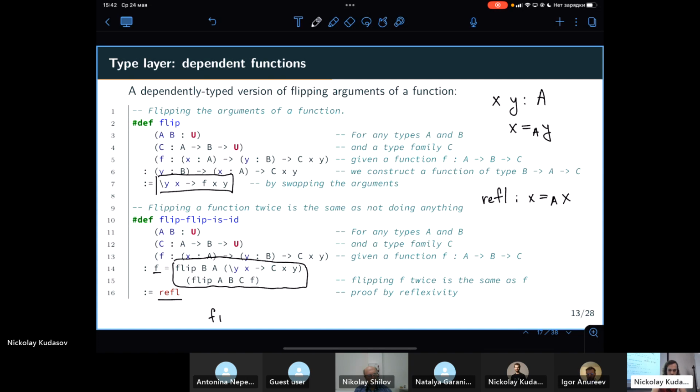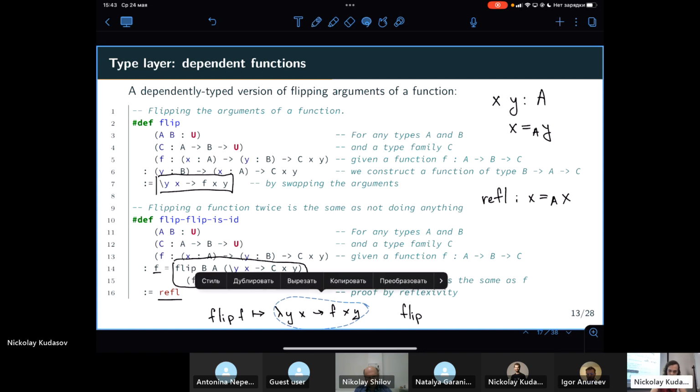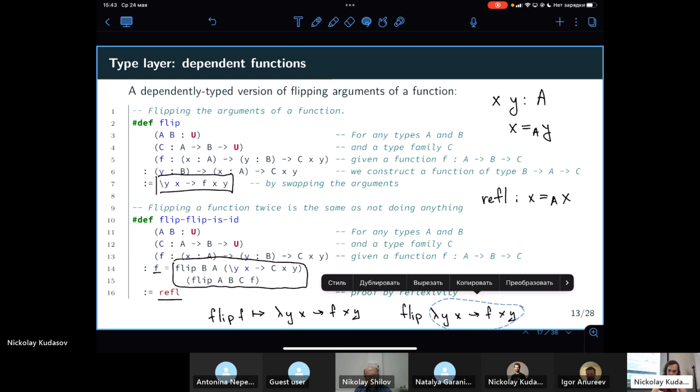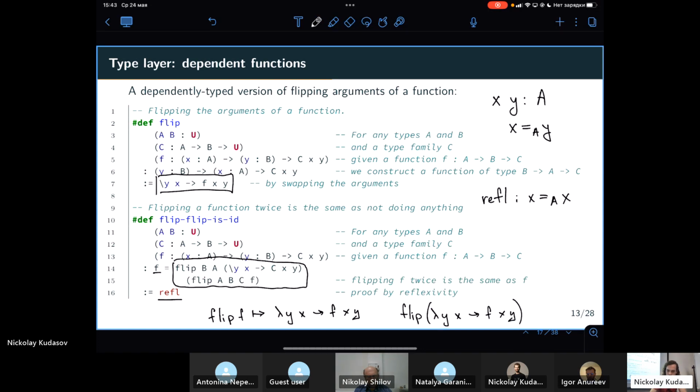Or rather, let's see, the first flip of f will basically produce lambda y x, f of x y. And then the second flip is applied to this thing. So we take all of this and we apply flip to this. And of course, what we get is lambda y prime x prime, and then this huge thing in parentheses applied to x prime y prime.